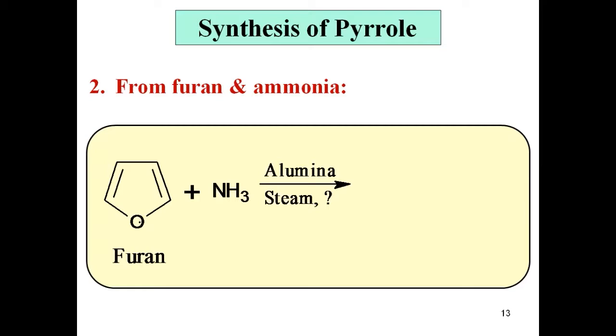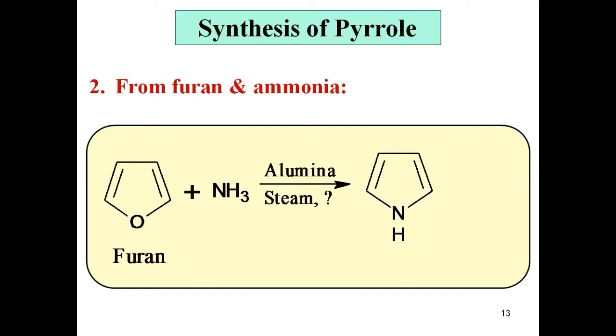Now what happens here, the oxygen atom from the furan is replaced by an NH group, means oxygen is replaced by nitrogen, and we get the corresponding heterocycle. This is nothing but the pyrrole.